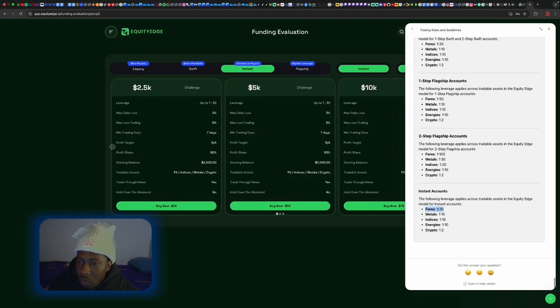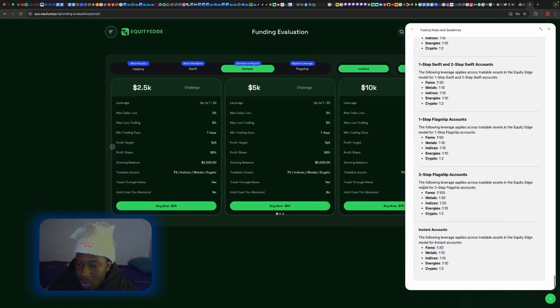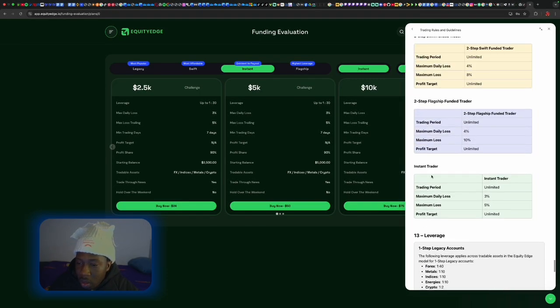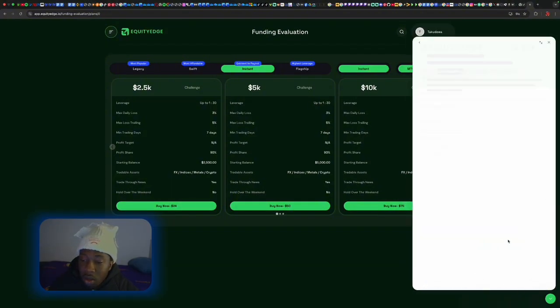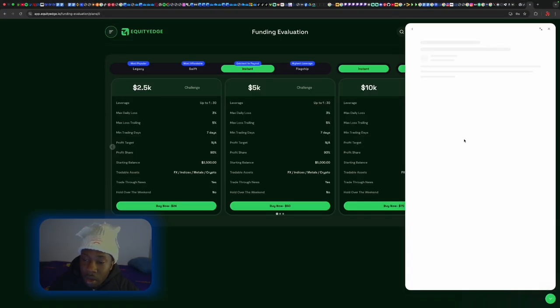Another rule that can be useful, they are saying leverage for Forex is 1:3. So it is not bad. 1:3, it is not bad.